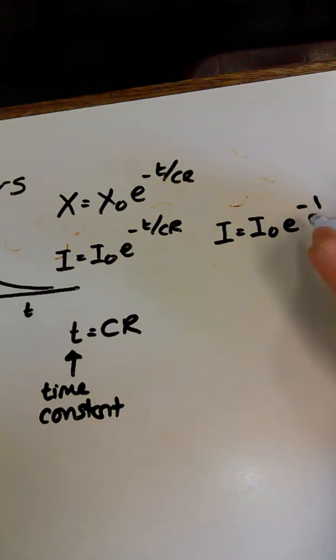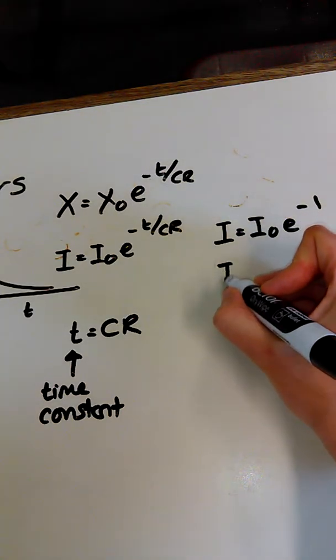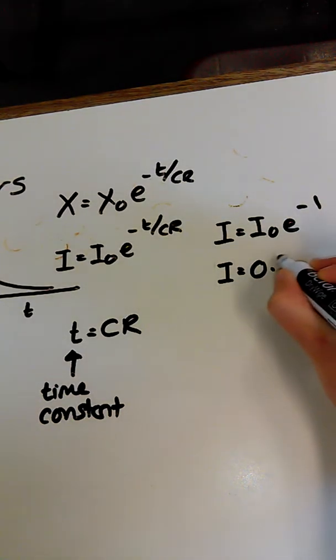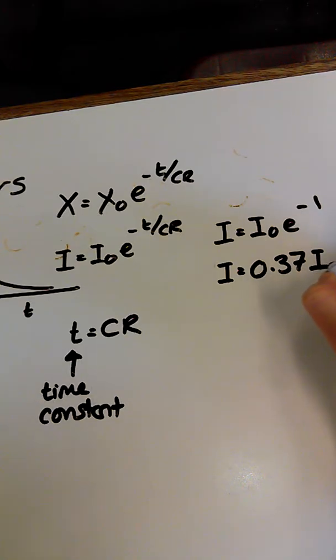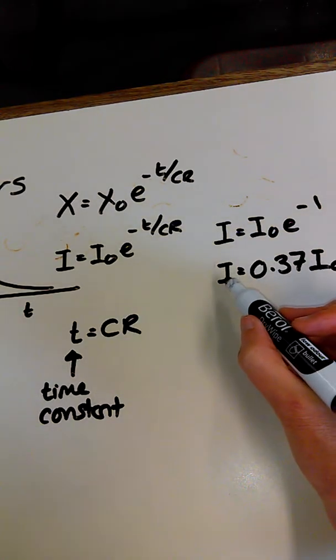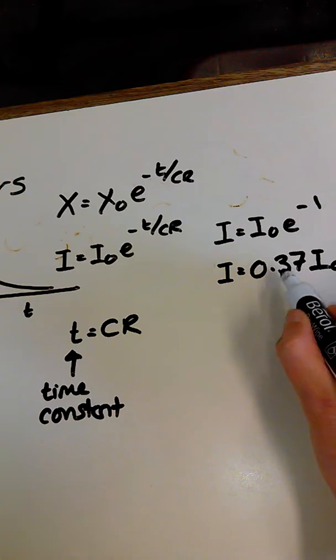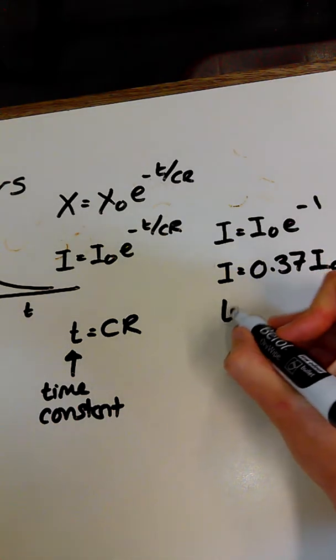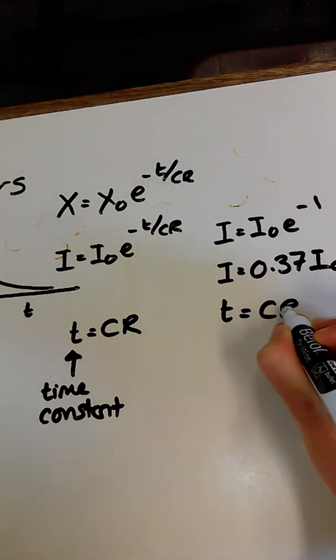Now, e to the minus 1, you can put it into your calculator. It's about 0.37. So I is equal to 0.37 I0 says that when I gets down to 0.37 of I0, that must be when T is equal to CR.